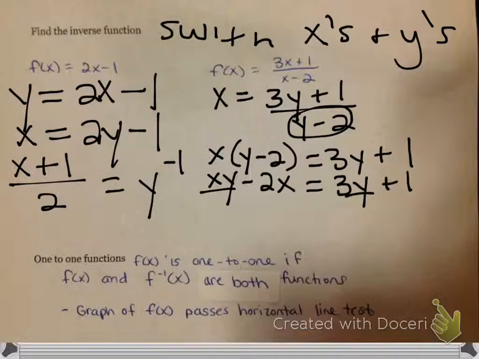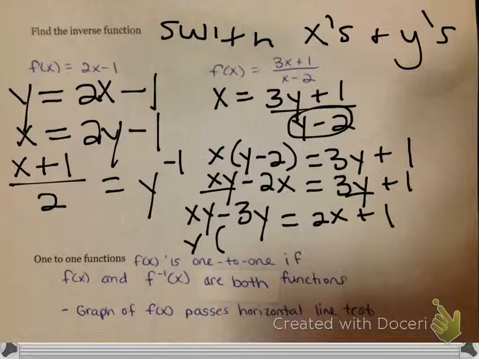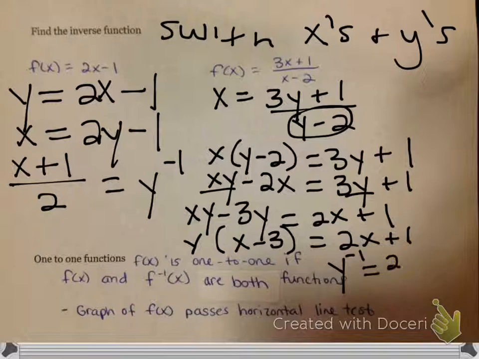I'm going to collect those two terms. So I'd have xy minus 3y, and I'd move the 2x to the other side, so I'd have 2x plus 1. Now I can factor the y out, so I'd have y times x minus 3 equals 2x plus 1, and just divide by the x minus 3, so I get y inverse equals 2x plus 1 over x minus 3.